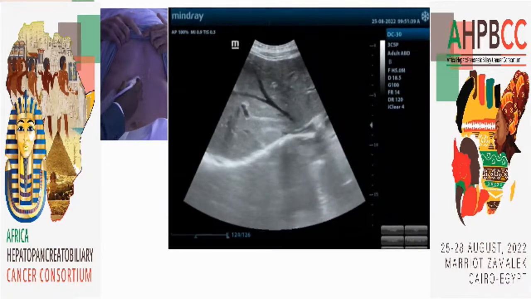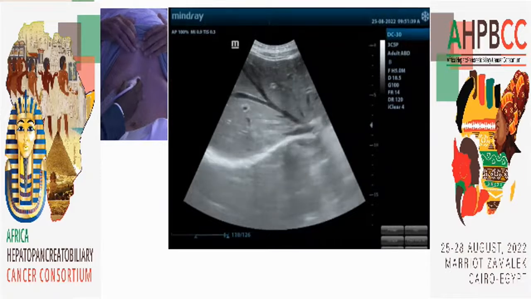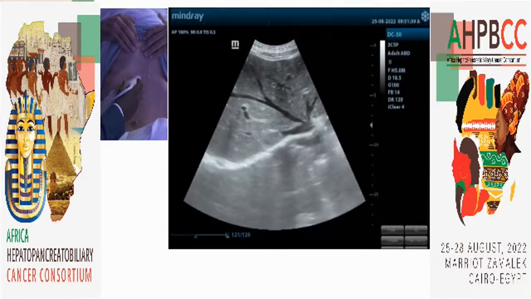Now, at this level, when you look closely, there appears to be a hypoechoic or isoechoic change in this region above the right hepatic vein, which is this structure. This region is segment 7. And so it means that he has a focal lesion in segment 7, which is what I am pointing to right here.